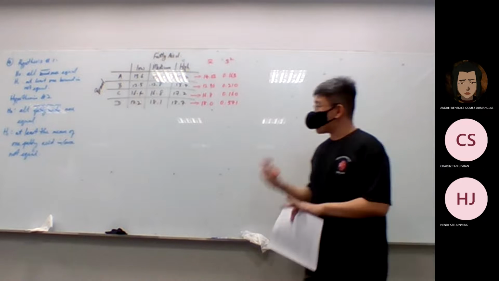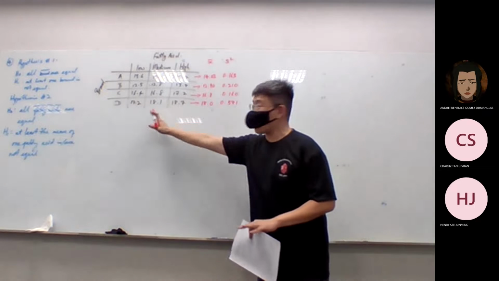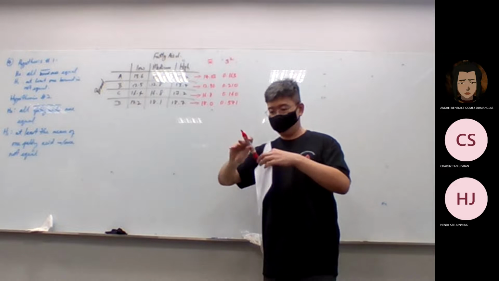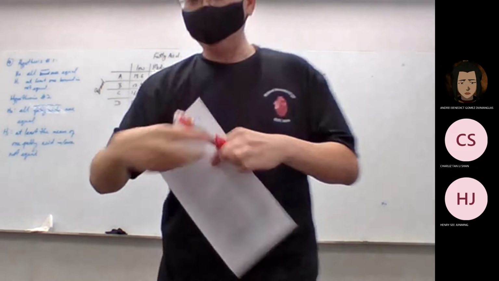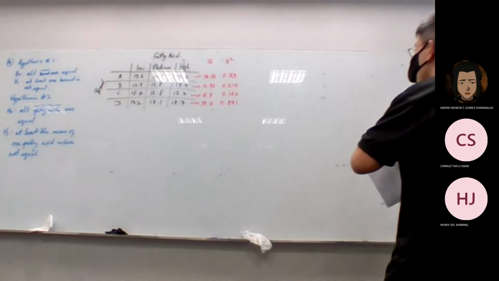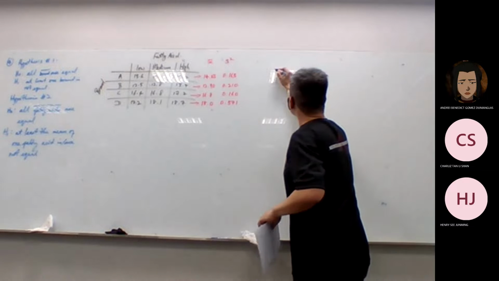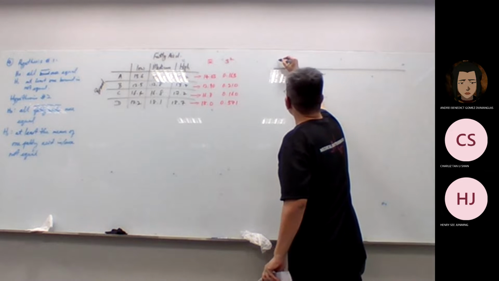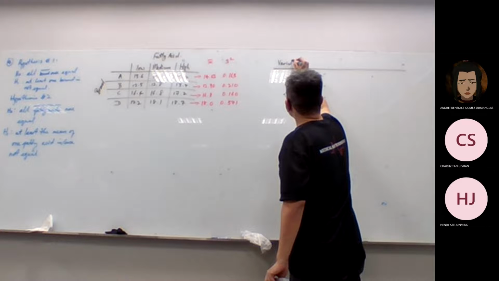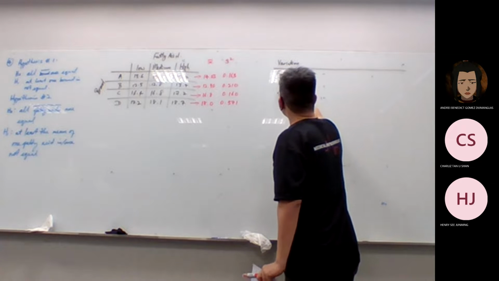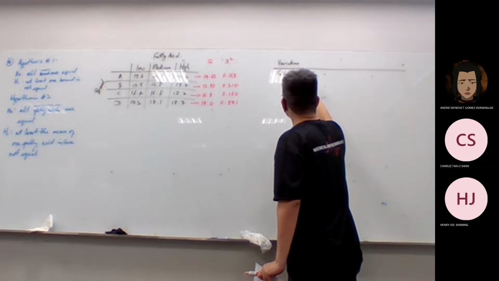So that's one. The second, this is one way ANOVA is what you did just now. So let's construct our table. Okay. Variation. Your variation is your fatty acid.